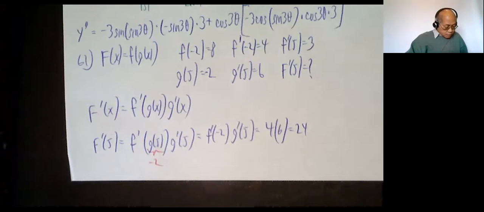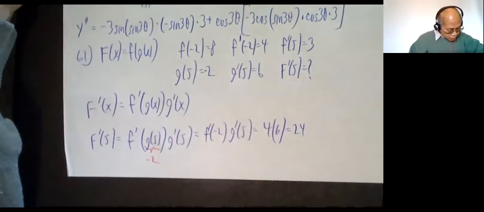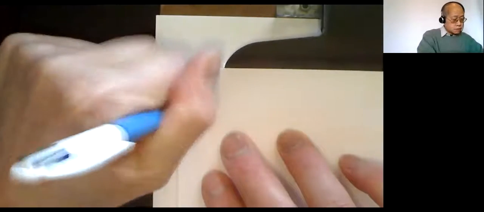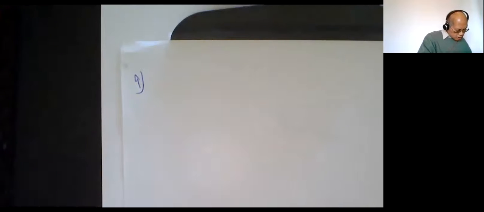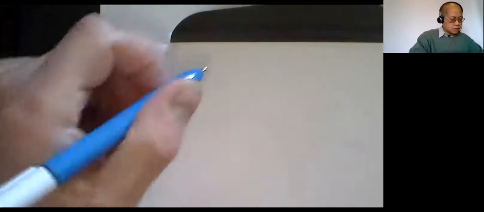Okay. And let's see, I had a request from somebody to do problem number 9. So let me go back and try number 9. Square root of 5x plus 1. Remember, square root means raising something to the 1/2 power. We've already seen that.